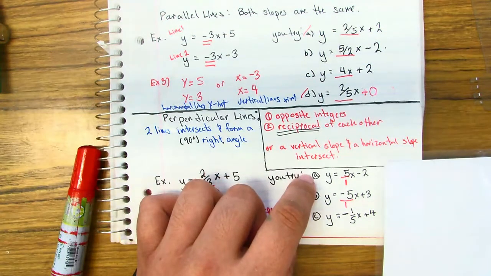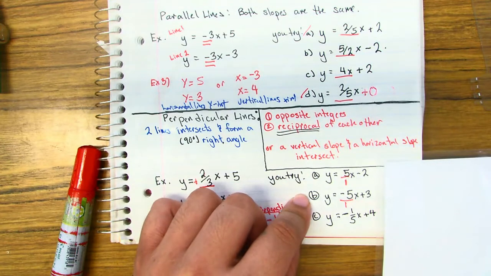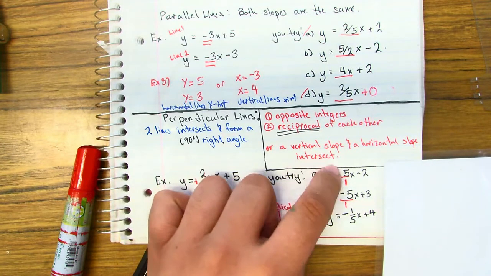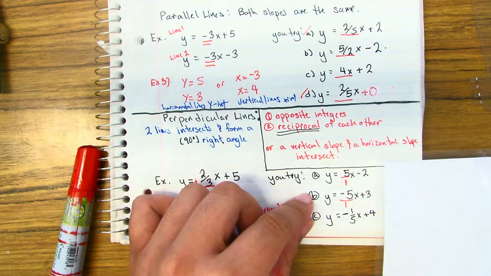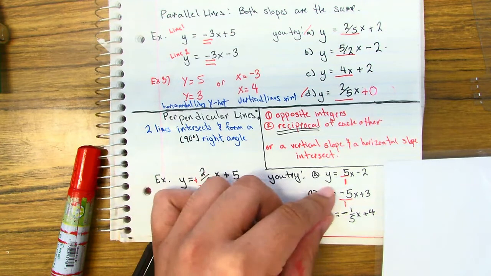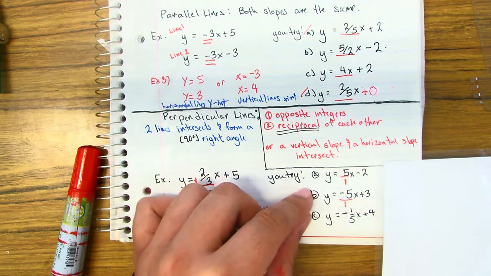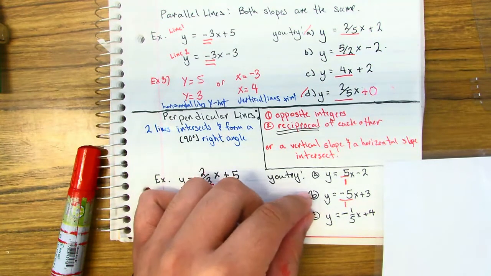If we're comparing A and B, it's a possibility. Why is it a possibility? Because one's a positive and one's a negative, right? I know the answer cannot be B and C. Why? Because both of them are negatives. So I know that the third answer should be incorrect, right? B and C shouldn't be an answer because they're both negatives.